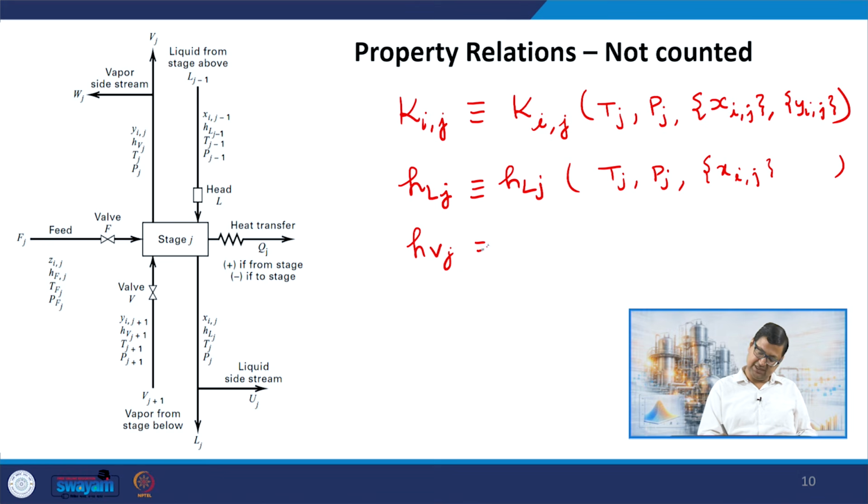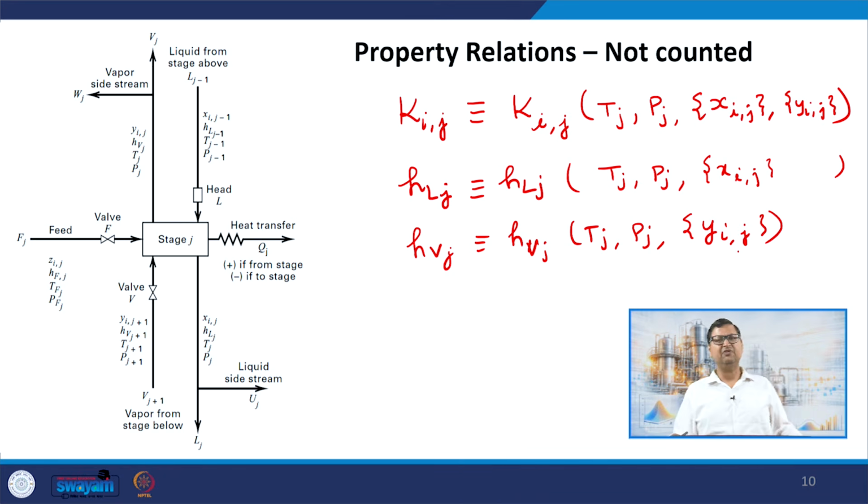And Hvj is similarly a function of Tj, Pj, and the composition of vapor, that is Yij, right? And we take that as given, so we don't count these equations. We say that it is already given, so it is not being considered separately in our counting.